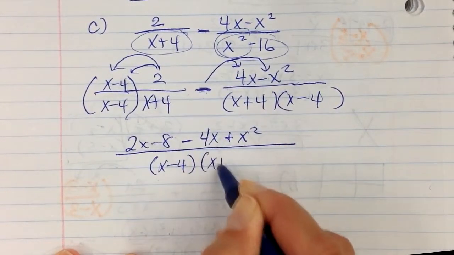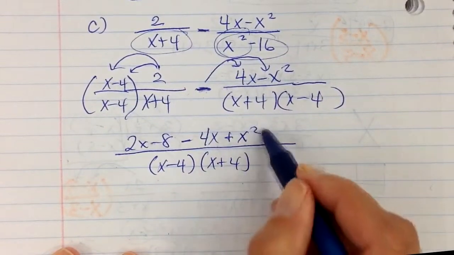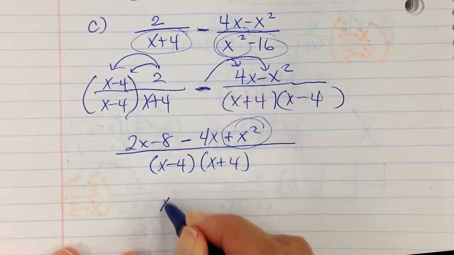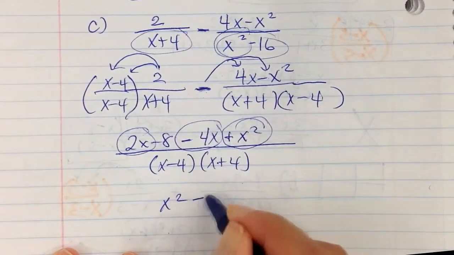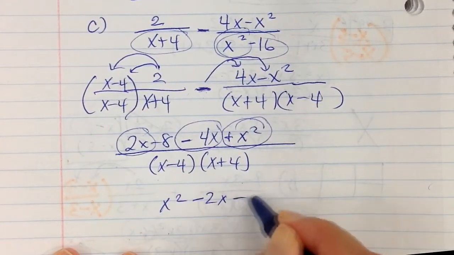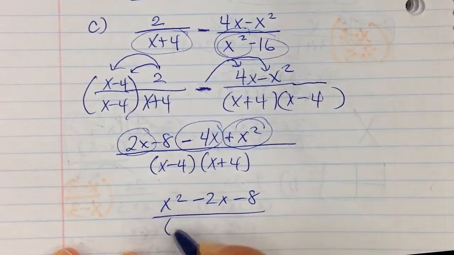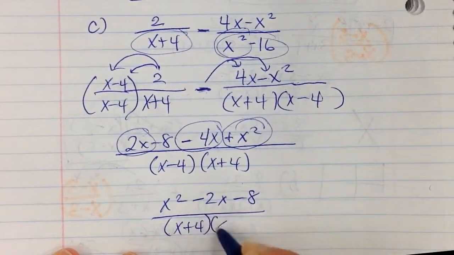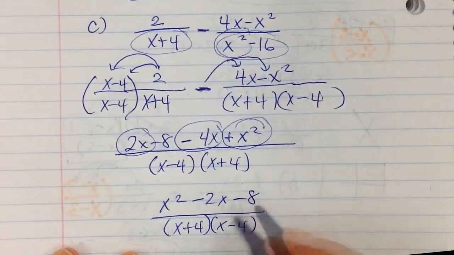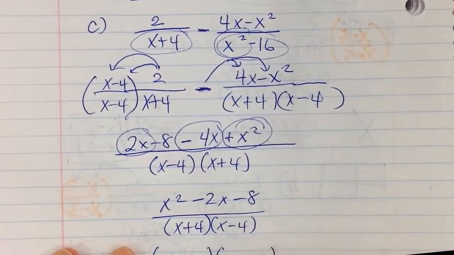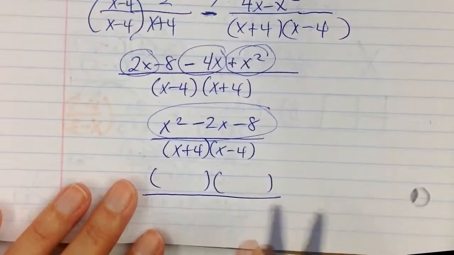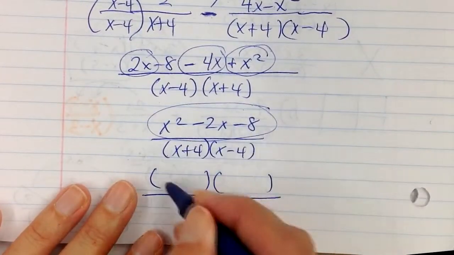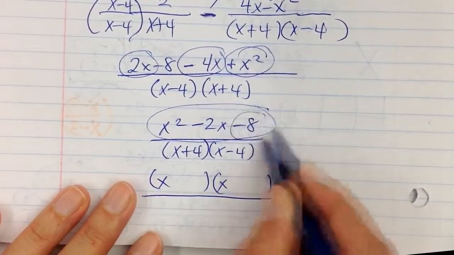Let's combine like terms. Well, first we have an x squared. Then we have 2x minus 4x, which is minus 2x, and minus 8 over x plus 4 times x minus 4. And I'm pretty sure this does factor. Top one factors again, so not quite done. What does that factor to? X and x. The factors of 8 are 2 and 4.